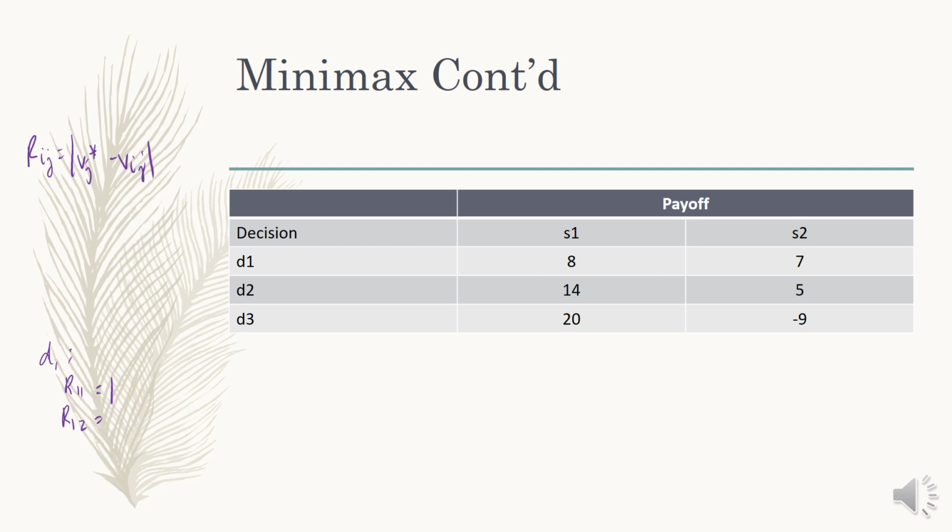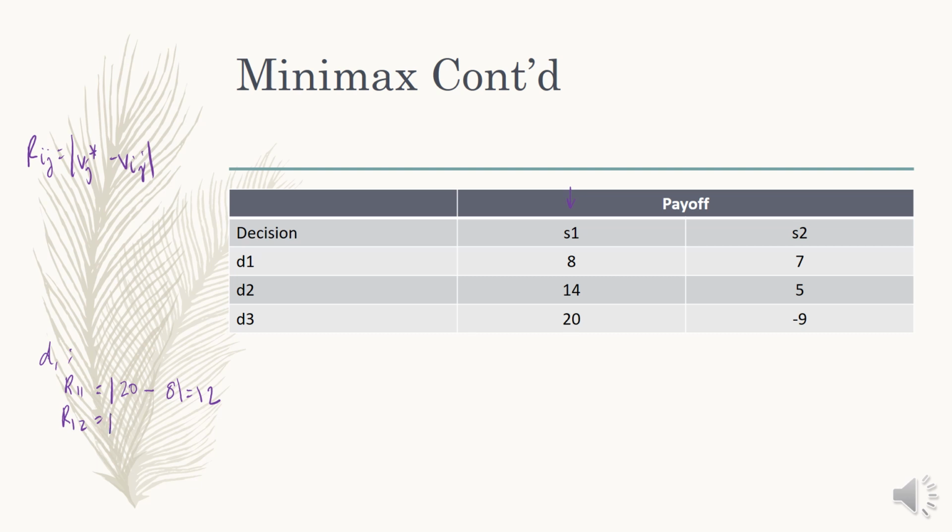In this column, what's the largest profit? That was 20, then minus the payoff with decision 1, 1, which was 8. So we get 12.